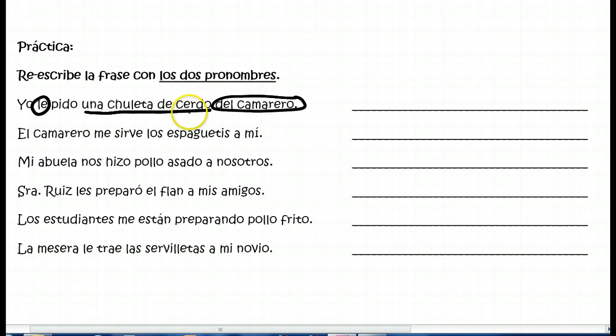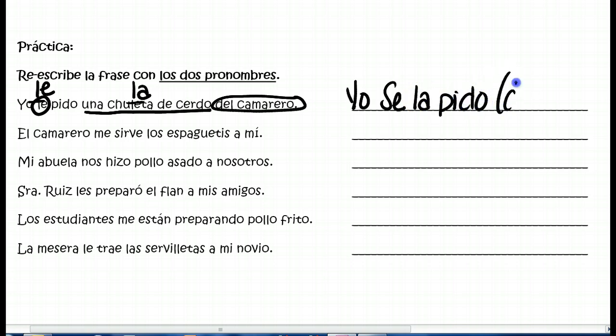So we would replace chuleta de cerdo with la, and this is le. So they both have an L, so we need to change one of them. The other thing we need to keep in mind is that IOPs are always going to come first. So yo sé, we change the le to se. Yo se la pido. And then you can keep del camarero, but you don't have to.